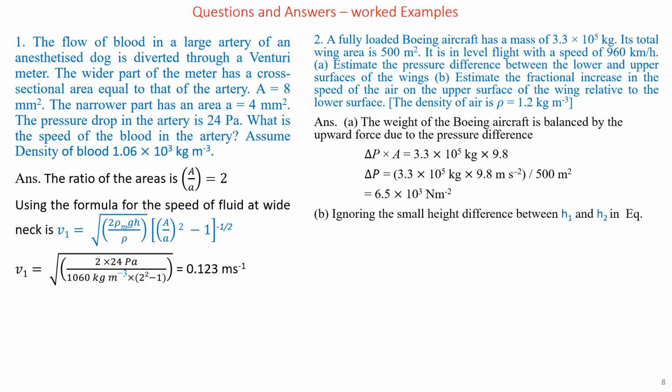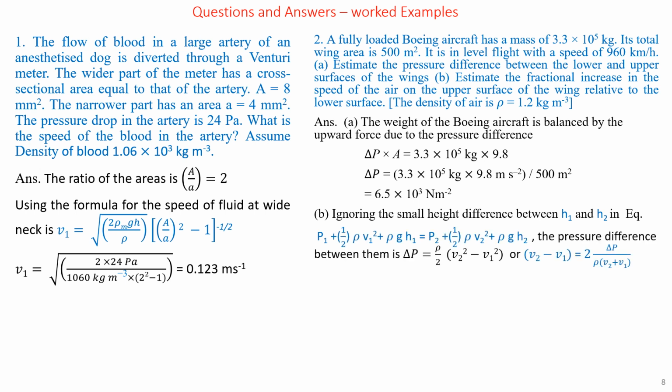Next part B. Ignoring the small height difference h1 and h2 in the equation. In this equation, if we take h1 is equal to h2, the third term on the left hand side and the third term on the right hand side get cancelled. Hence, the pressure difference delta P is given by delta P is equal to rho by 2 into (V2 square minus V1 square).